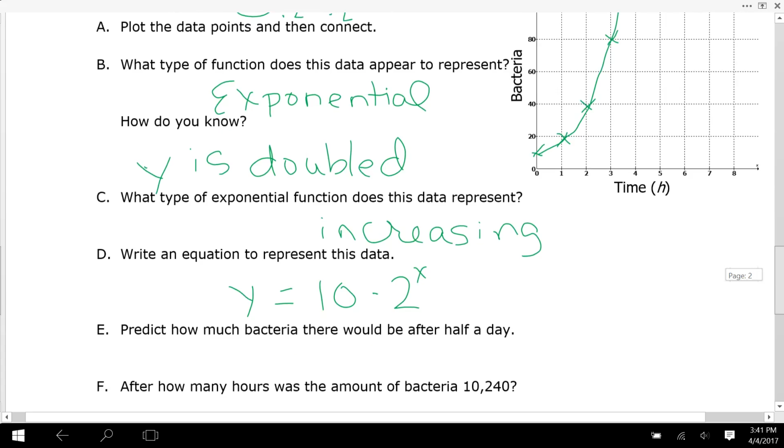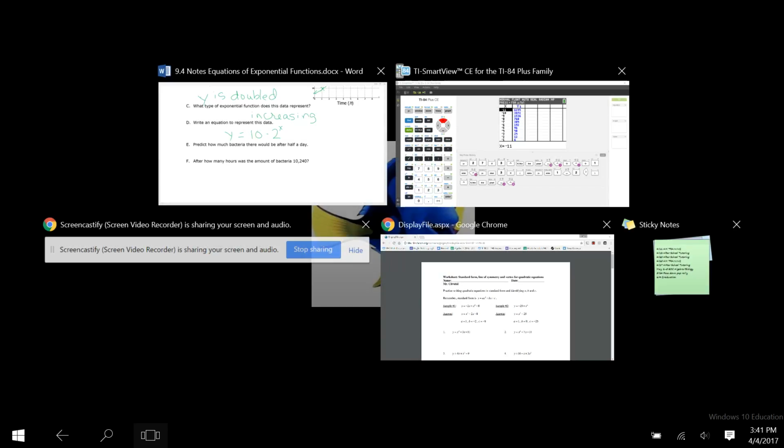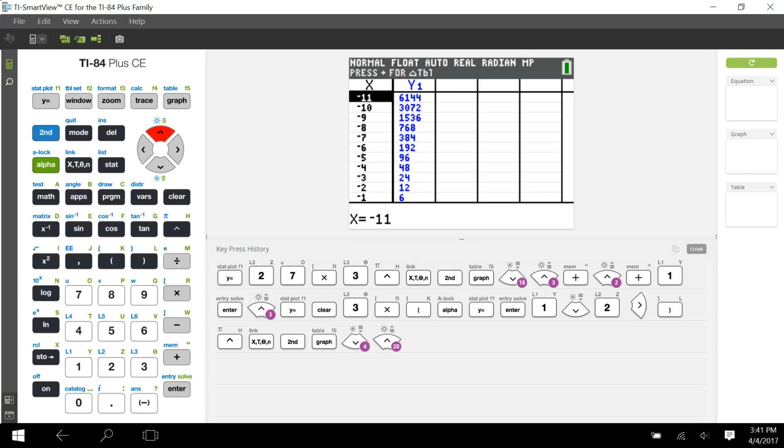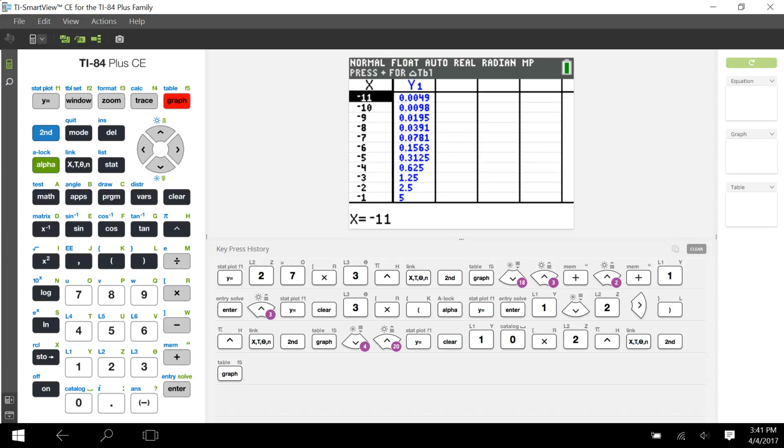So how much bacteria would there be after half a day, and after how many hours would the bacteria be, blah, blah, blah. So I'm going to go back to my calculator. I'm going to go to my y equals, clear that out, and put y equals 10 times 2 to the x. I'm going to go to my graph. I'm looking for half a day. I'm going to hit plus, which changes my table to 0.5.